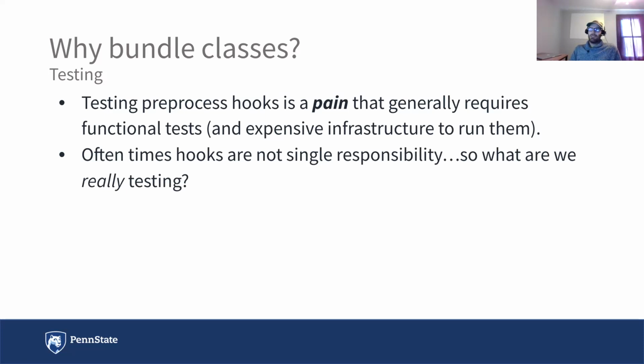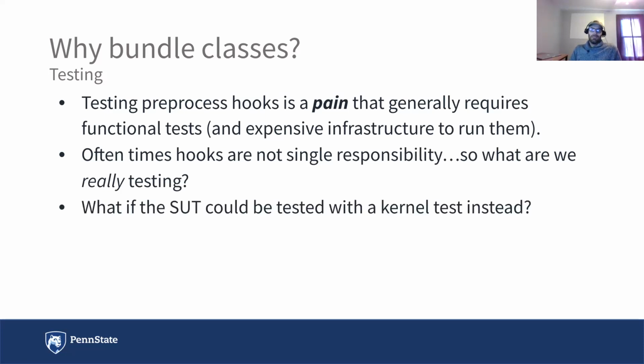Oftentimes hooks are doing a lot of different things. They're not single responsibility. So, how can we be sure that we're really testing what we think we're testing? With bundle classes, we can conceivably move the subject under test into a kernel test to really test it in isolation.